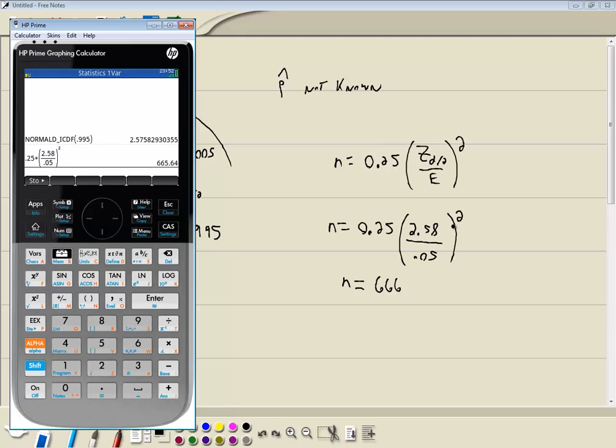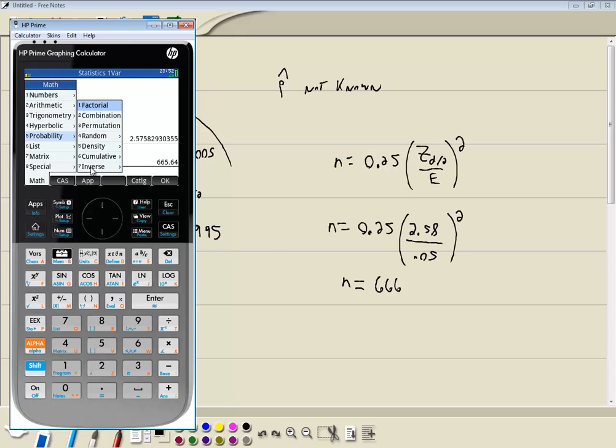Now instead of putting in 2.58, we could actually put the function in here. And the function I'm talking about is this normal d underscore ICDF. Okay, so let me show that. Put in 0.25, do my parentheses. Now I choose my toolbox, choose 5 for probability, choose 7 for inverse, and choose 1 for normal.